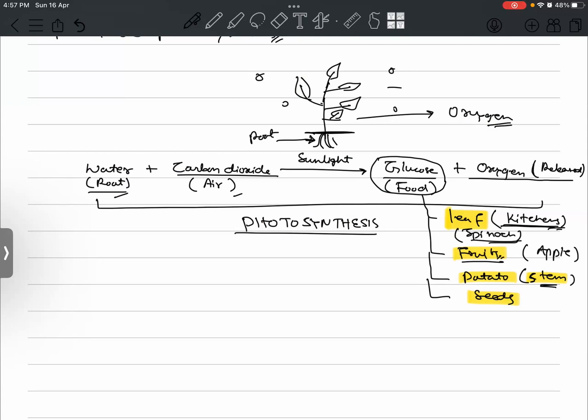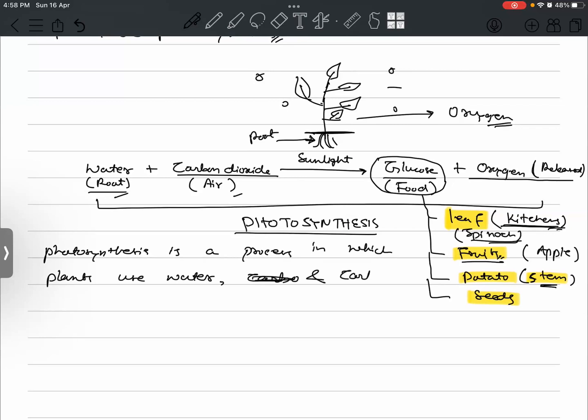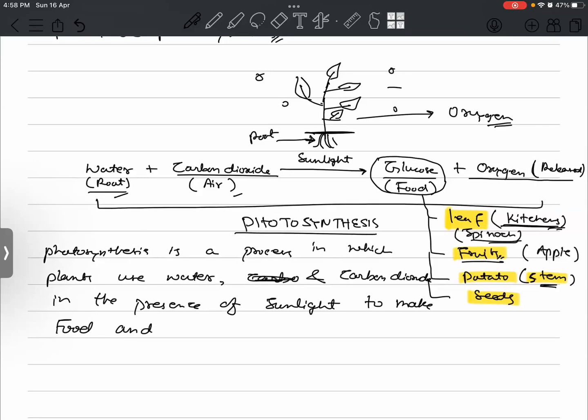If you were to give a definition, we can say that photosynthesis is a process in which plants use water and carbon dioxide in the presence of sunlight to make food and release oxygen.